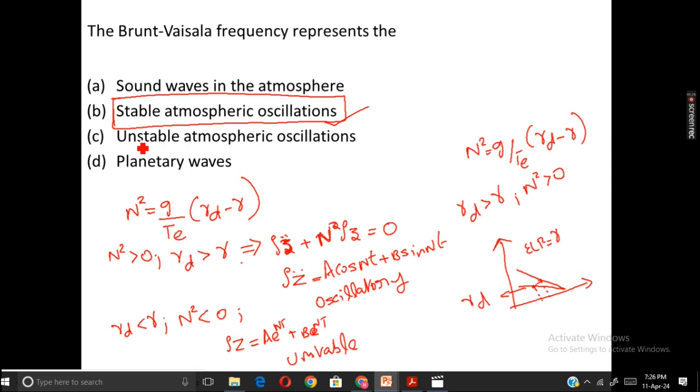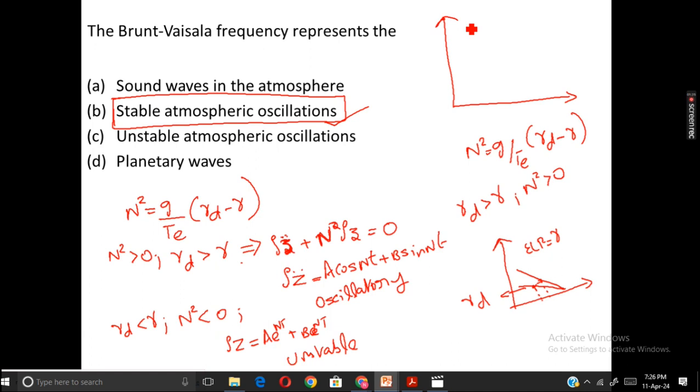So earlier in the previous classes, if you remember, we have talked about the term called static stability. That's how this Brunt-Väisälä frequency came in. We define the Brunt-Väisälä frequency in terms of static stability.